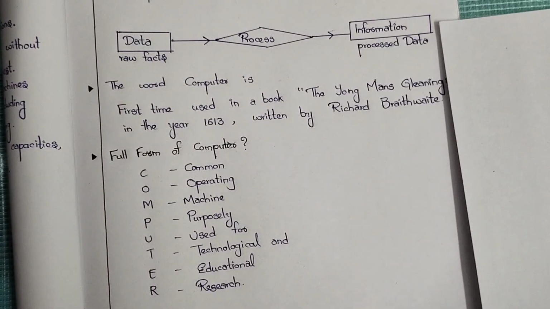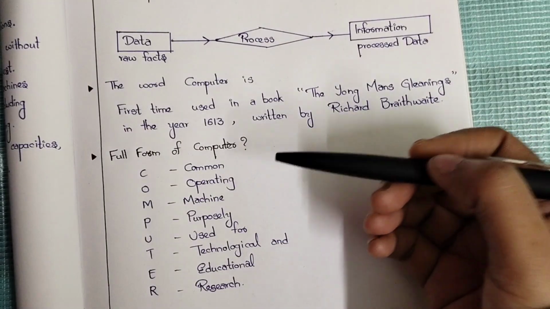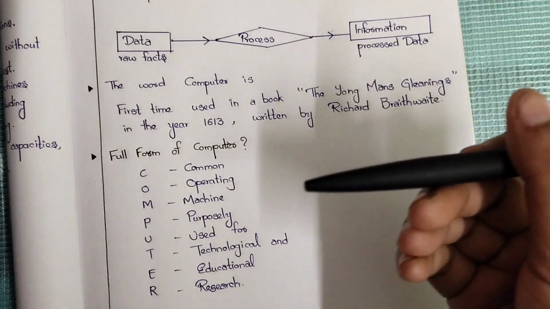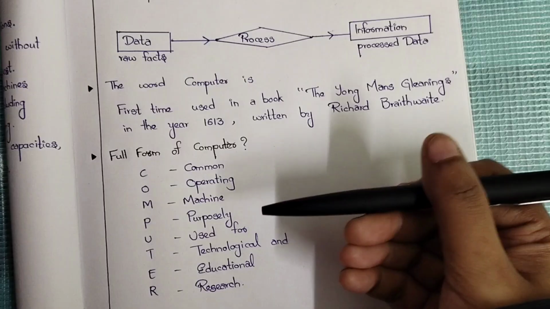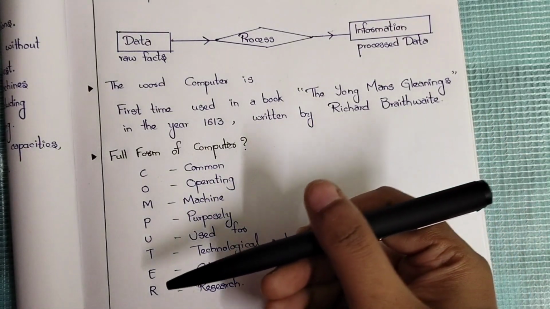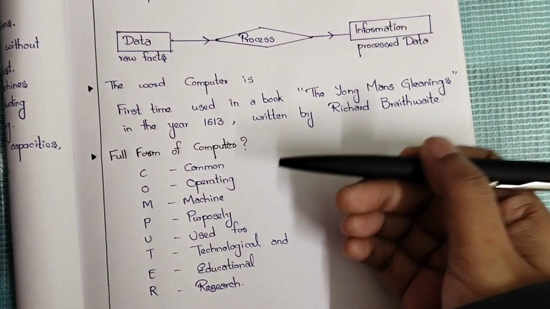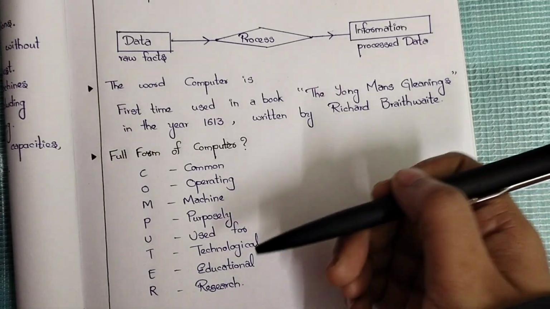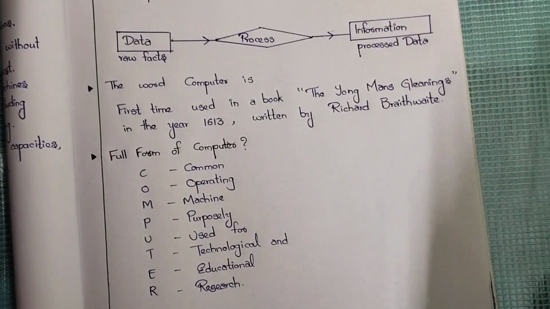Computer: C means common, O means operating, M means machine, P means purposely, U means used for, T means technological, and E means educational, R means research. Common operating machine purposely used for technological and educational research. Make a note of it and make sure you remember this.